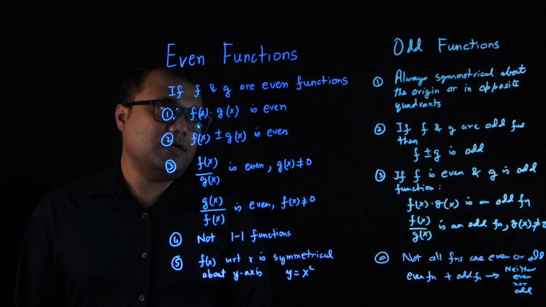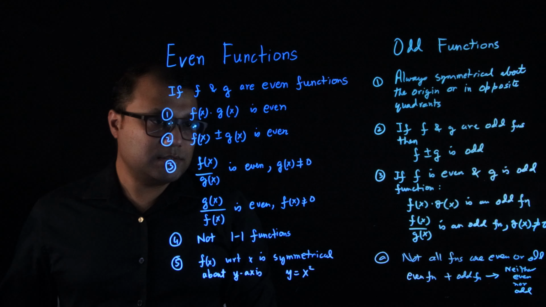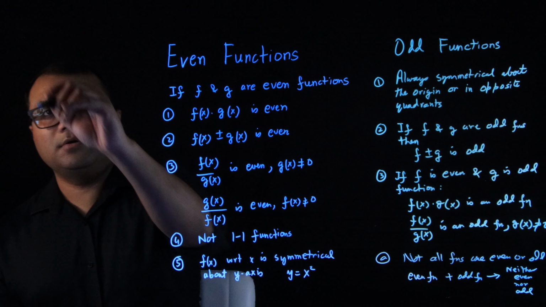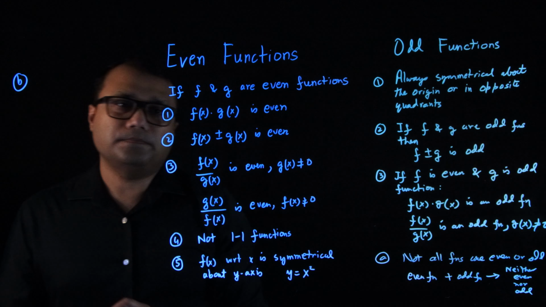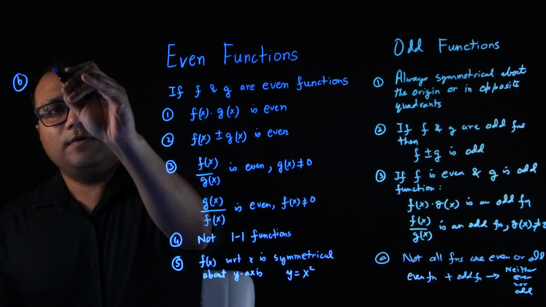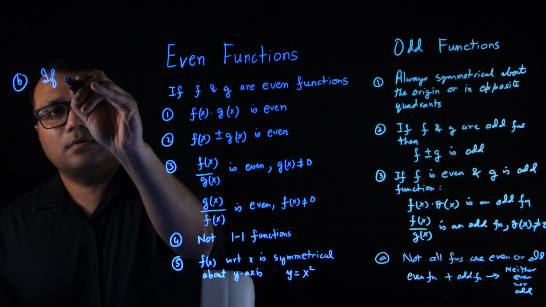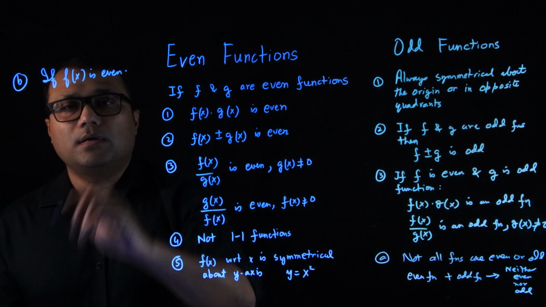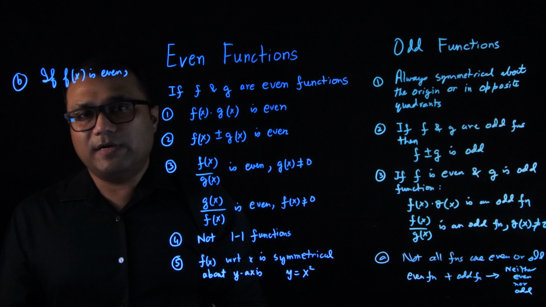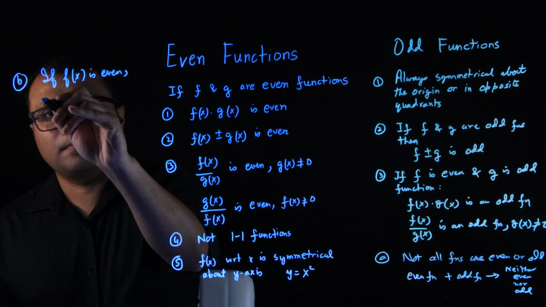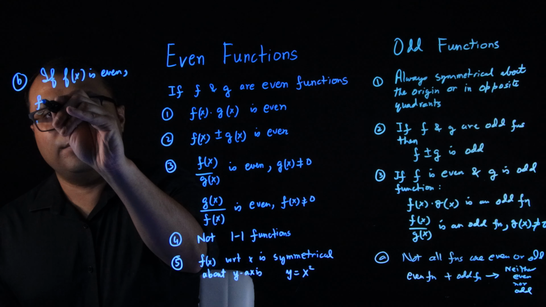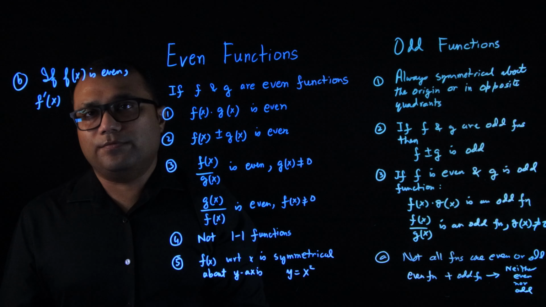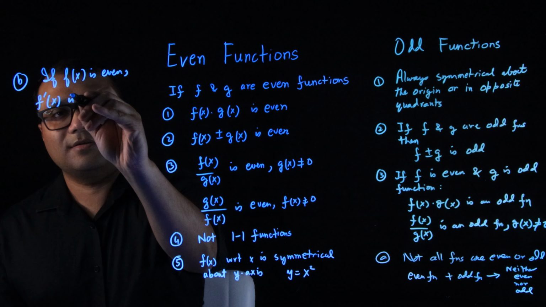And the last one I want to share is, maybe I can use this part of the board. If f x is even, then the first derivative of f x, which is f dashed x or differential df dx, is odd.